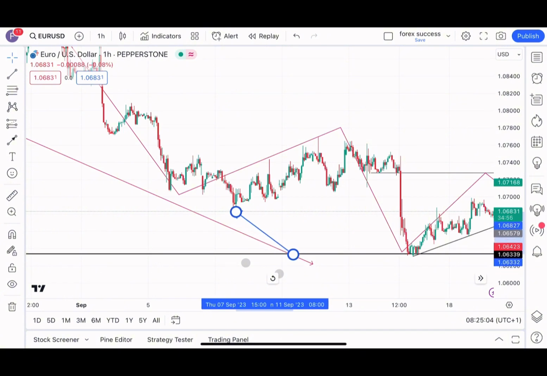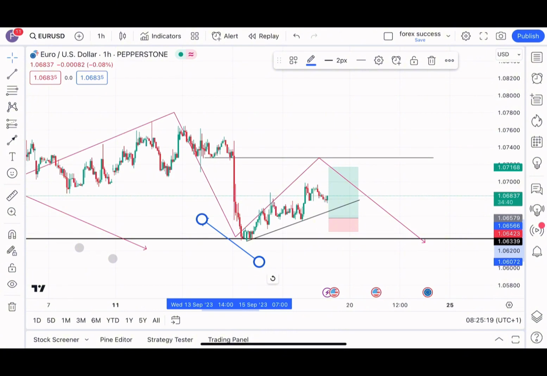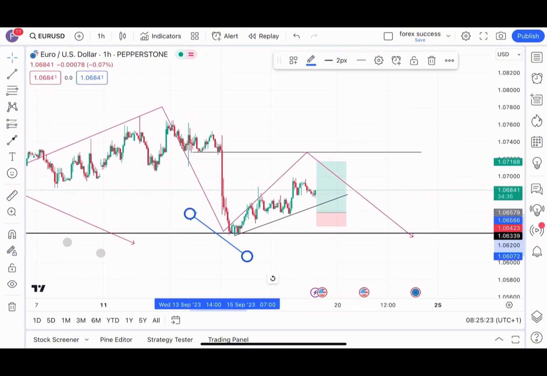As simple as that. So this is how I analyze this market and understand what the market is going to do. I am very sure price will push up to the upside and then drop all the way to the downside, probably with the news of FOMC that's upcoming today.